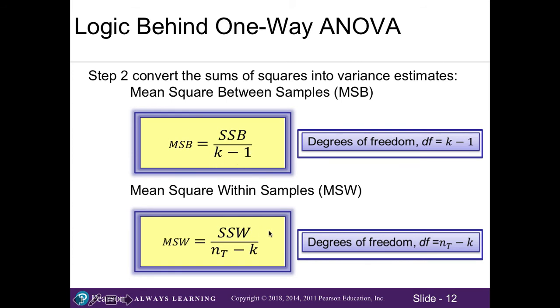Then for the mean square within samples, we'll take our SSW, our sum of squares within, and divide that by the degrees of freedom. So again, within samples is where I'm looking at the data within a particular sample or grouping. So that's why we'll divide it by the degrees of freedom of all of our sample sizes minus our k. We'll see how to read this in Excel shortly.